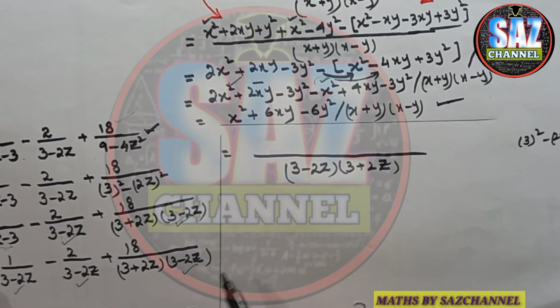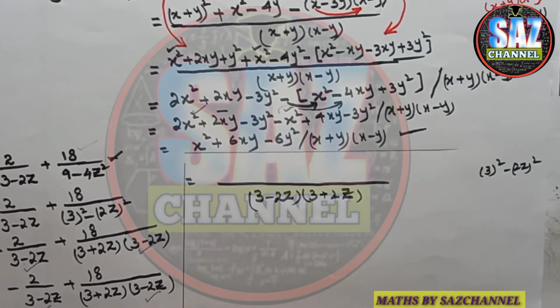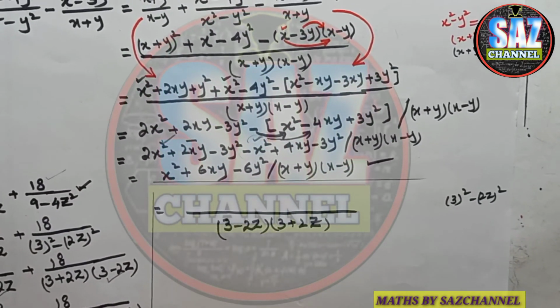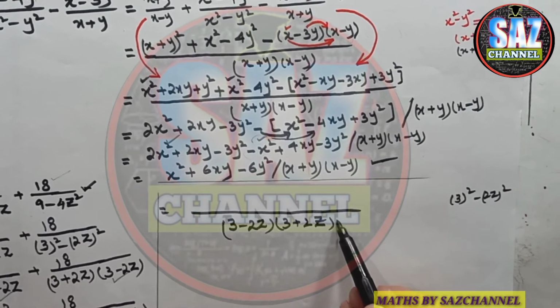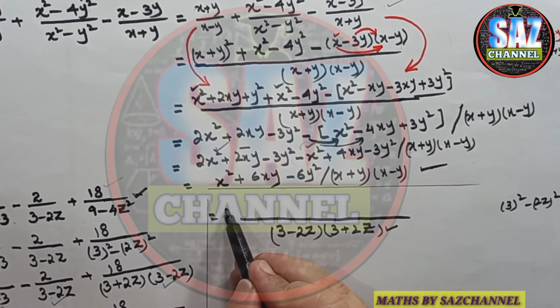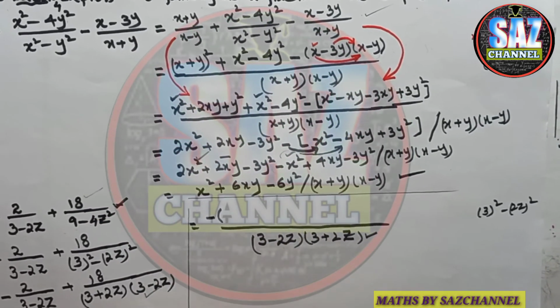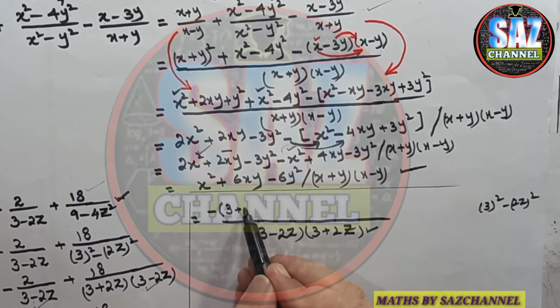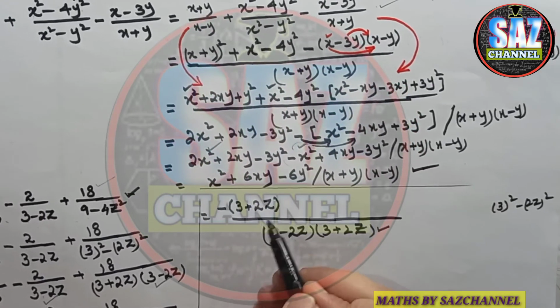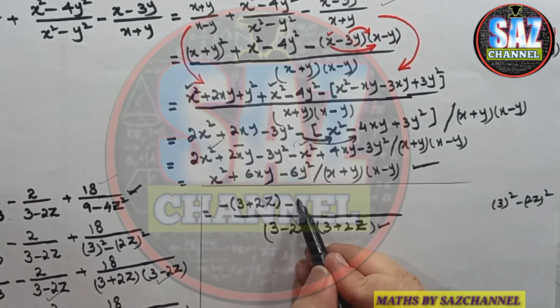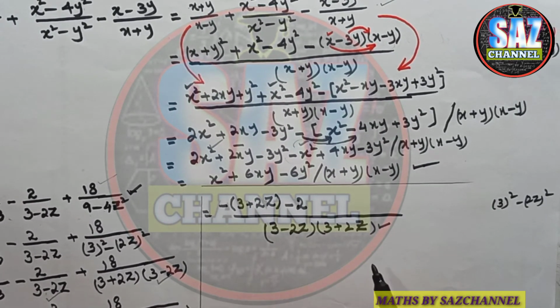Now, if we look at the first fraction, having the denominator 3 minus 2z, it has the deficiency of 3 plus 2z. So I will be multiplying the numerator with 3 plus 2z. Coming to the second fraction, I have to write minus 2, and again it has the denominator 3 minus 2z.